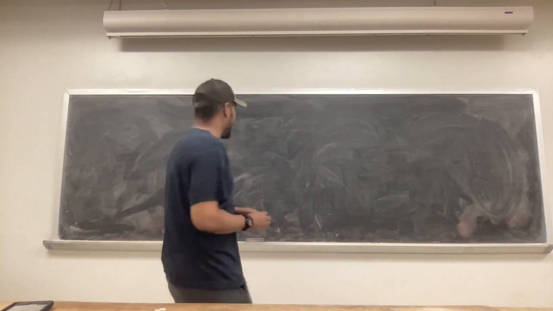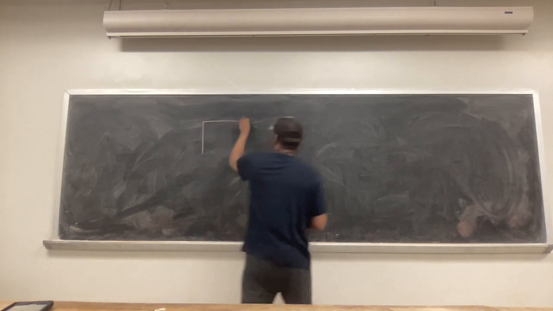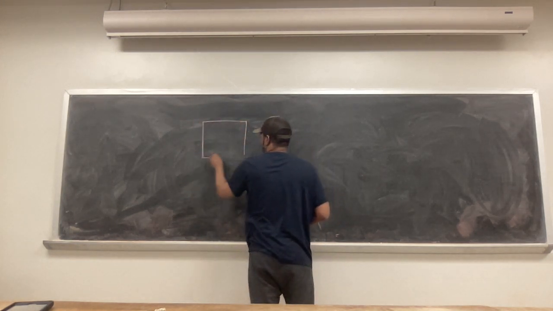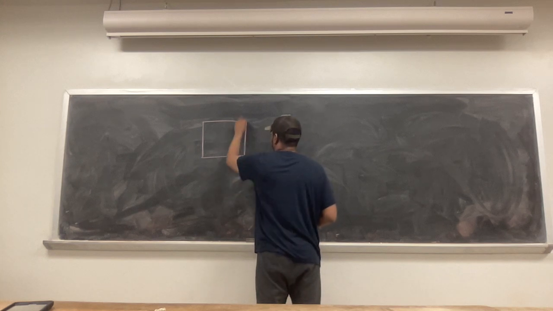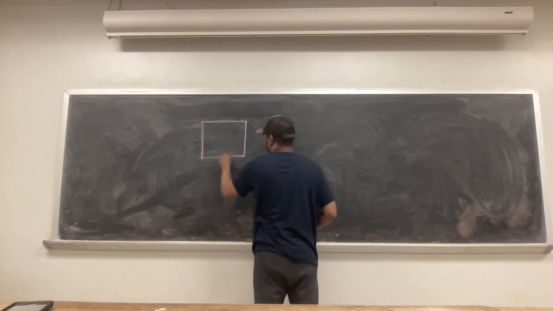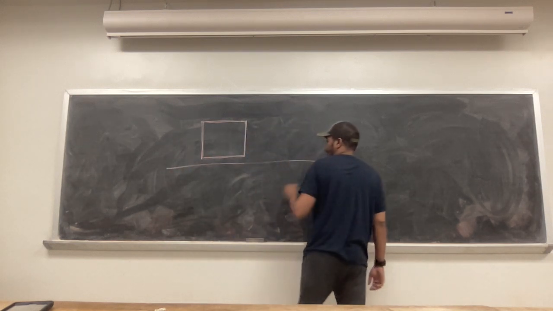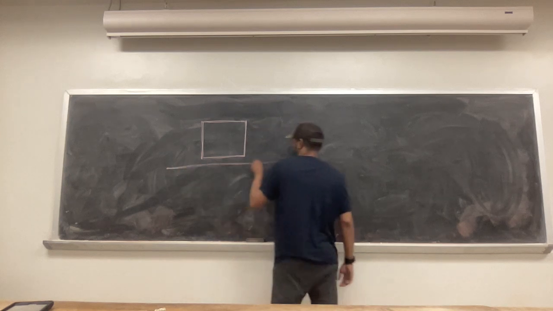So the basic example starts with the box on a flat surface, okay?